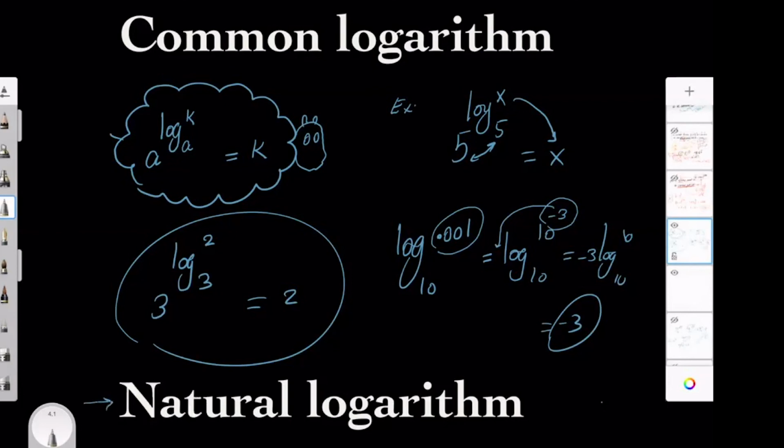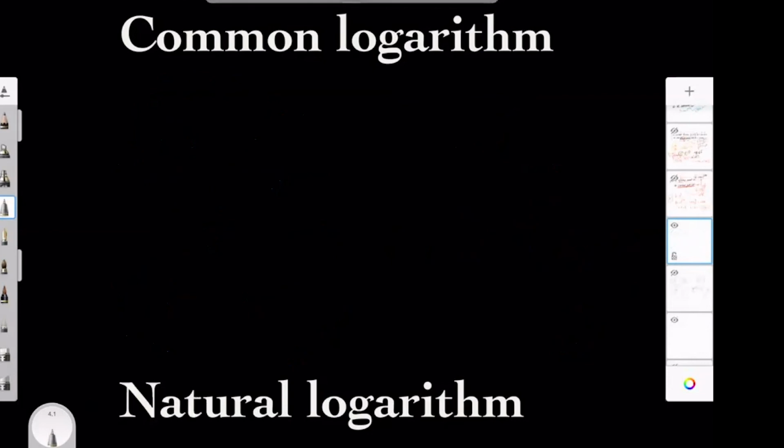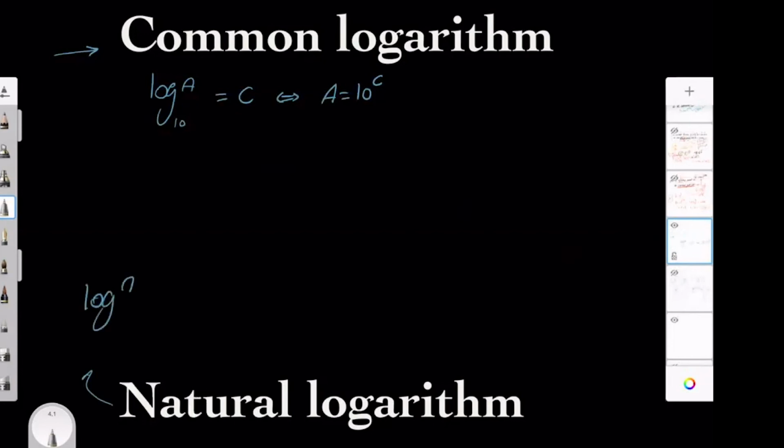Now let's see what is natural log. So common log was base 10. For example, if log of a equals c, then a equals 10 to the power of c, because there's an invisible 10 here. Natural log: if the base of log is e, the e that you learned in chapter 4, 2.7, because in calculus and chemistry we use base e a lot, this is too much to write.